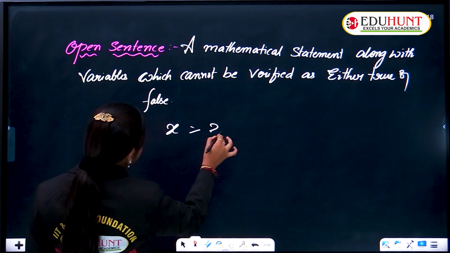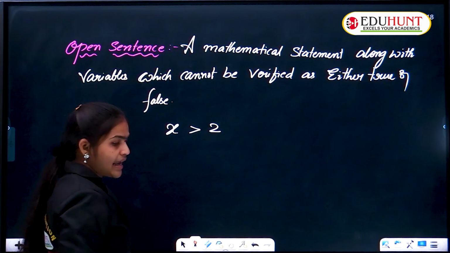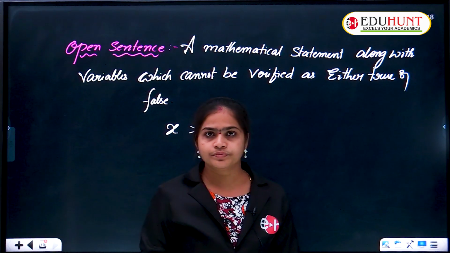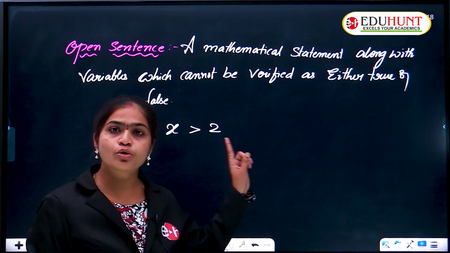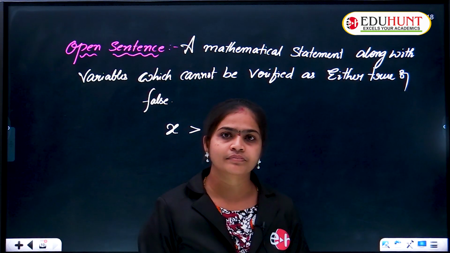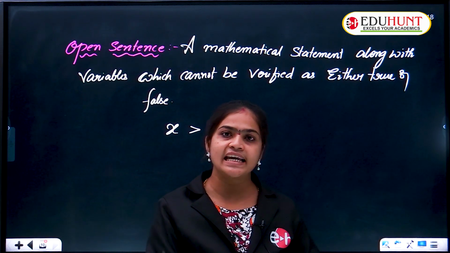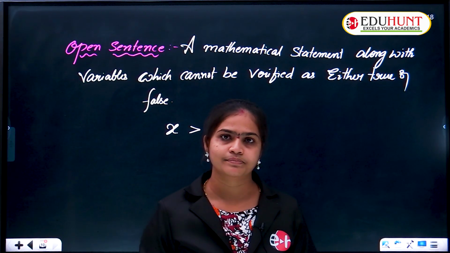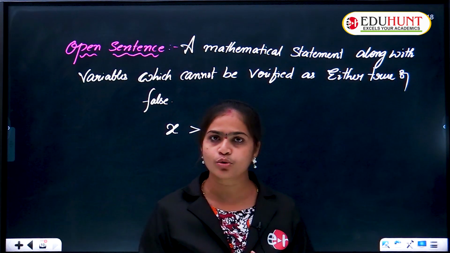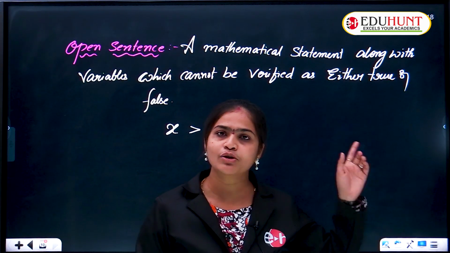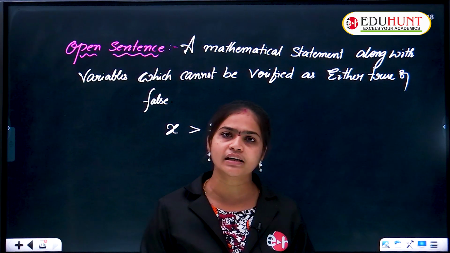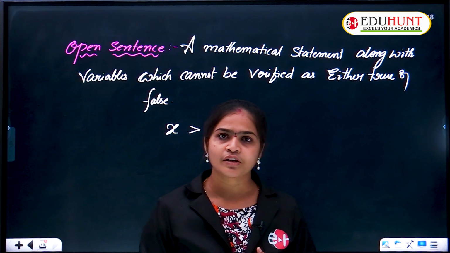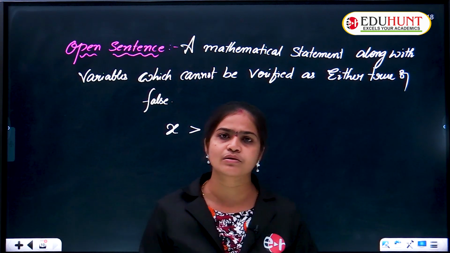For example, x is greater than 2. Here, is this a true statement or a false statement? If it is true, how can you say? If it is false, how can you say? Is it possible to say it is true or false? We cannot say. Why? Because here, how much will you take x to be? I will take 100. I will take 1 also.